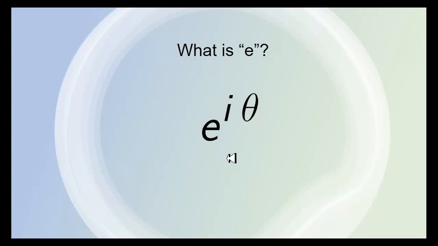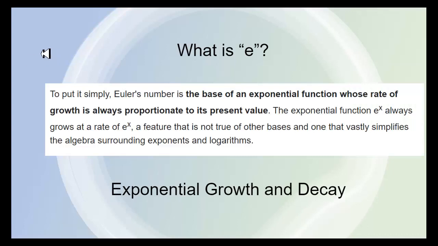Okay, E stands for Euler's number, and Euler's number, put simply, is the base of an exponential function whose rate of growth and decay is always proportionate to the present value.